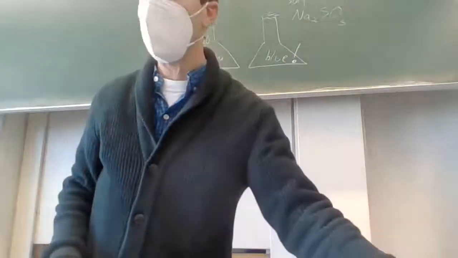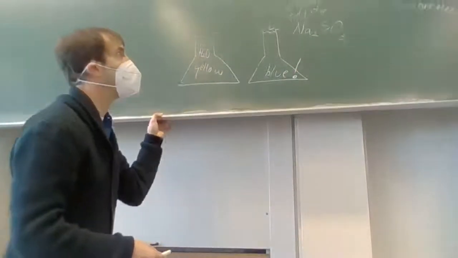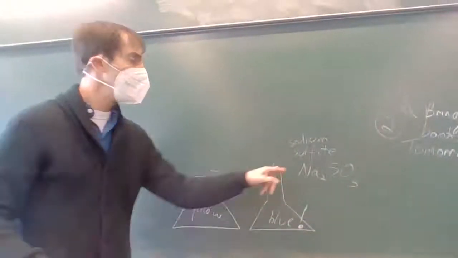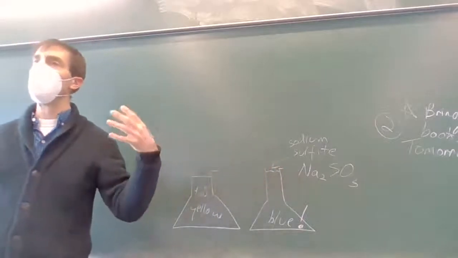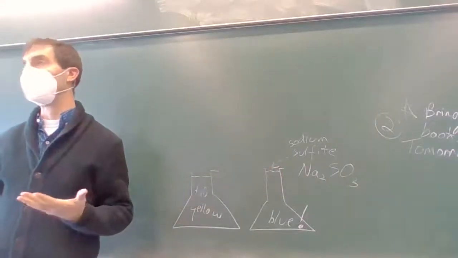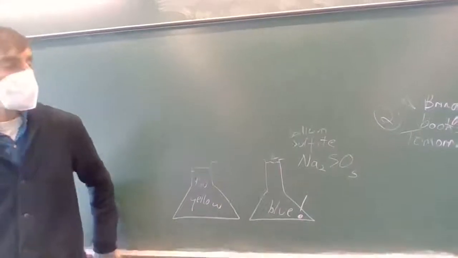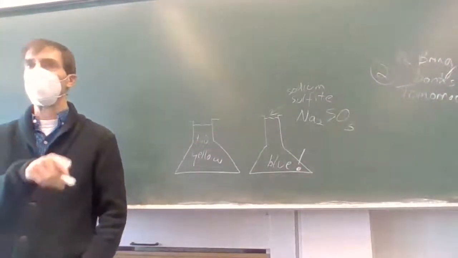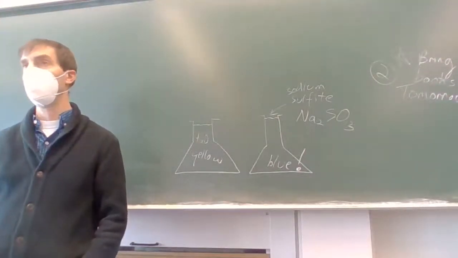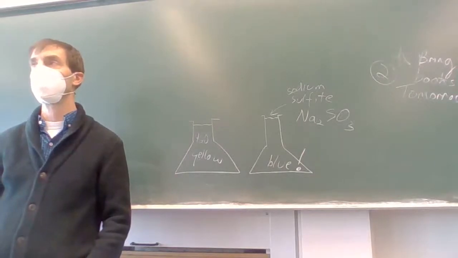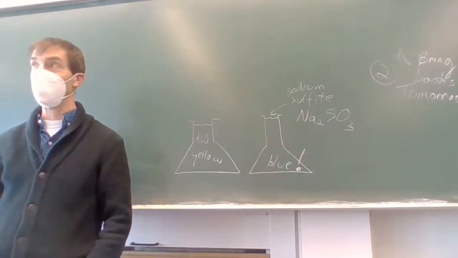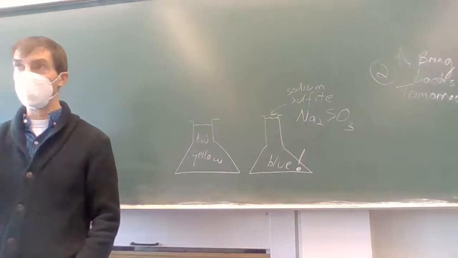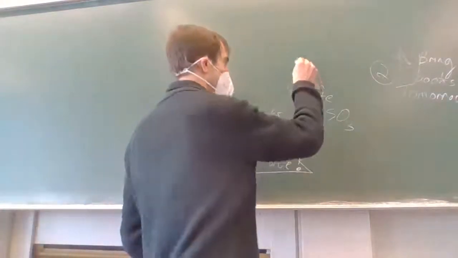So let's find out what's going on. Is this acting as a strong or a weak base? Hint, the color's not going to help you. Weak, because it's not one of the strongs. So before the AP test and like clausura, you got to memorize the strongs.